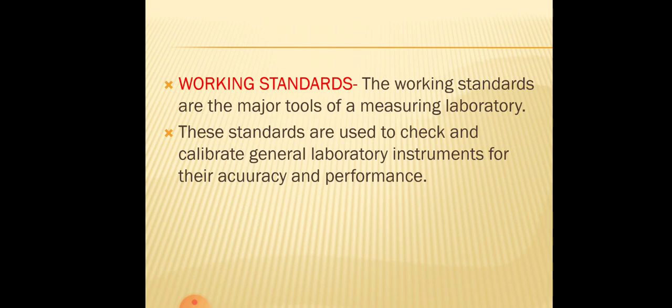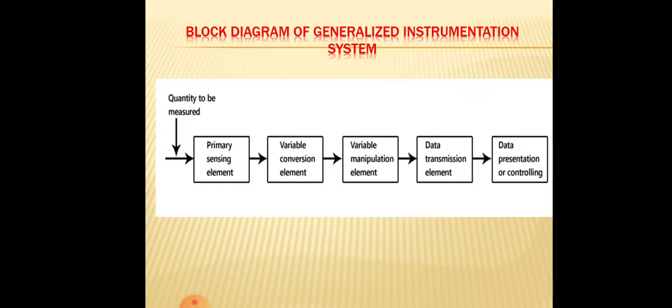Okay, so the next point is the block diagram of a generalized instrumentation system. This diagram shows us the general instrumentation system where we can see different blocks. From this we can see the input. As this is an instrumentation system, for this instrument we need a quantity to be measured, which is given as the input.